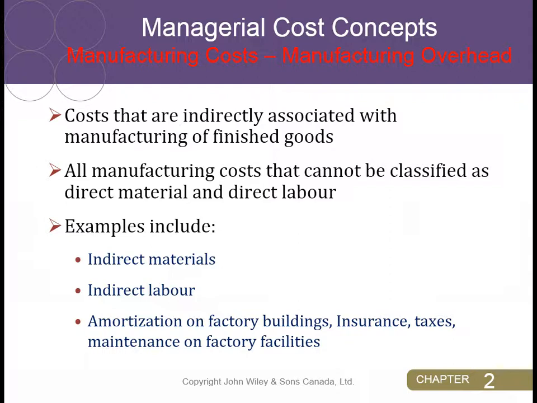From a manufacturing setting, indirect labor could include someone like a supervisor. A supervisor may not be directly associated with taking raw materials and converting them to a finished good, but without the supervisor, things probably wouldn't run as smoothly, or things might not get done in the fashion they're required to. So that supervisory salary or labor cost is required, but it's indirect in nature.